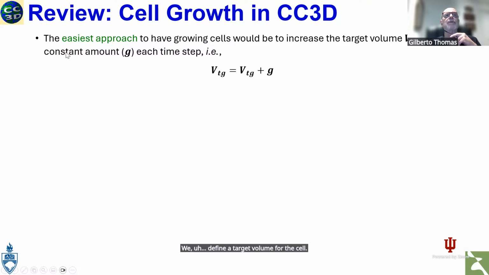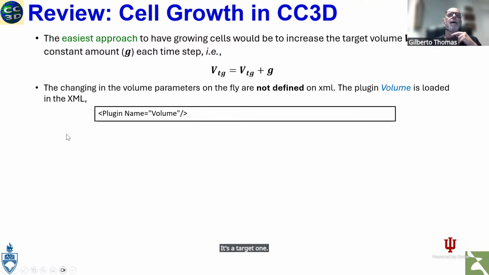So we are going to implement cell growth by summing to the target volume a constant value at each time step, or after some number of time steps during the simulation. Then we can change the volume of the cells, change its target volume.